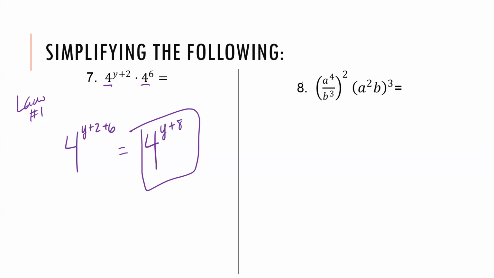All right, on number 8, you apply multiple laws. So what was the first one? We had to do law number 6 because we distribute over the quotient, right? You get a power, which is going to leave us with a to the and b to the 6. What did I do on this one? Distribute, which is law number 3, right? So we distribute 2, 2.